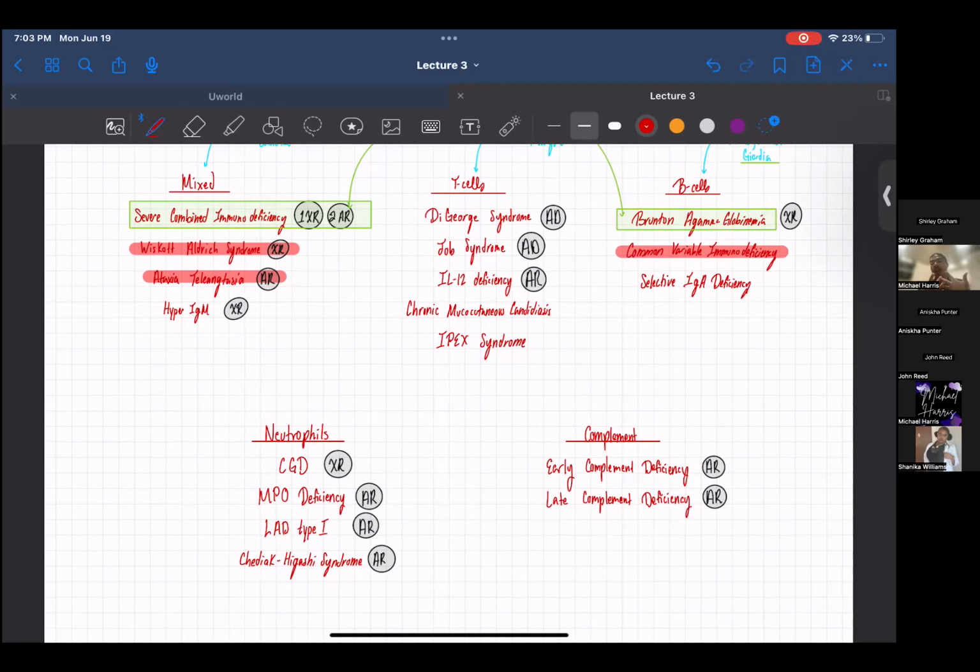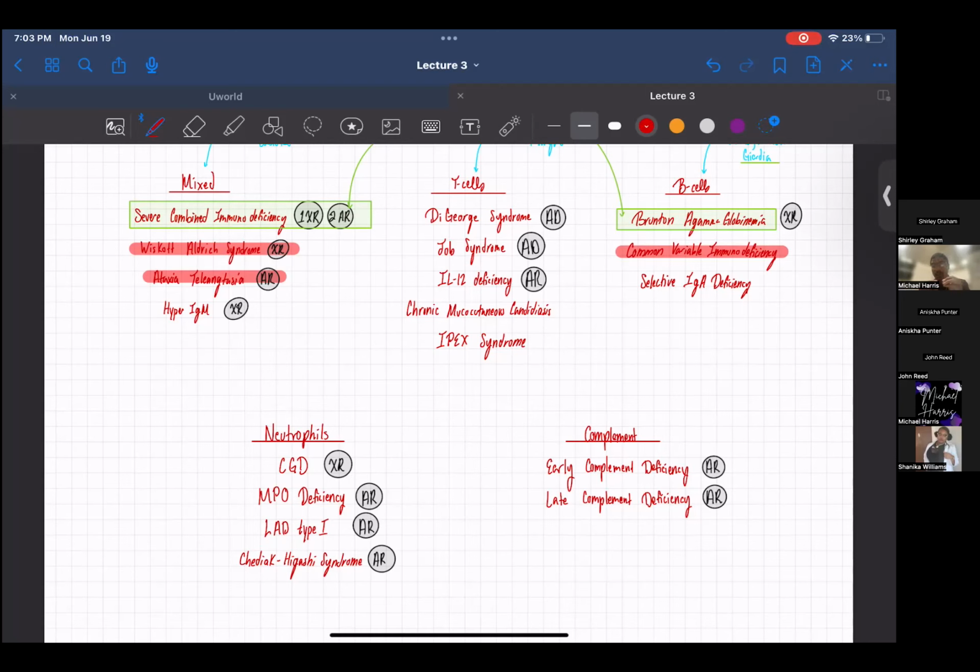This is why people who have early complement deficiency present more likely with SLE, which is something that you'll learn later, which is lupus. Okay? So that's how these guys are broken down. Any questions on any of this stuff?